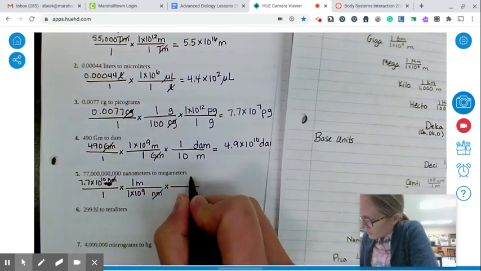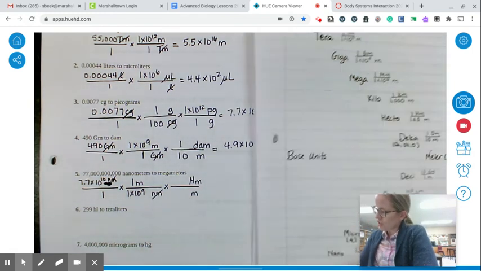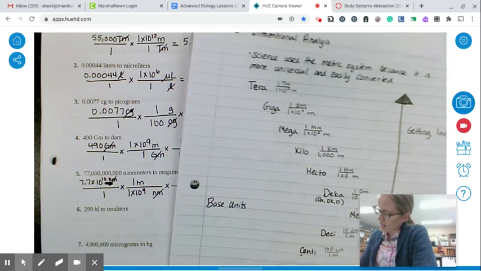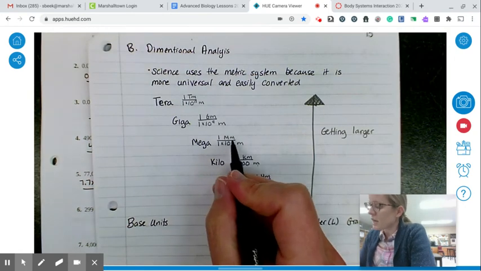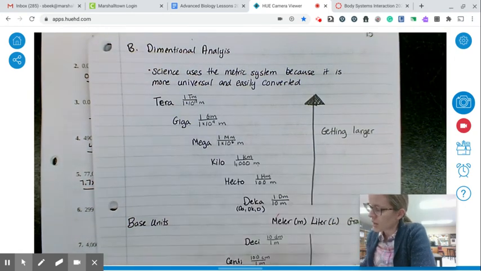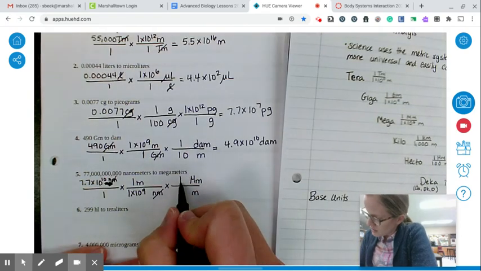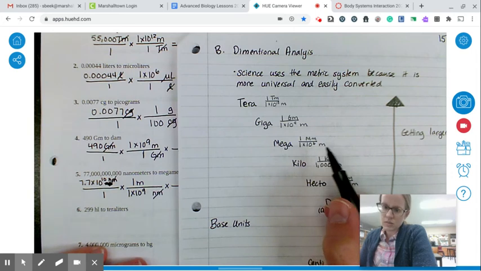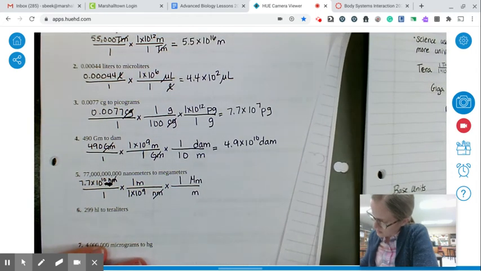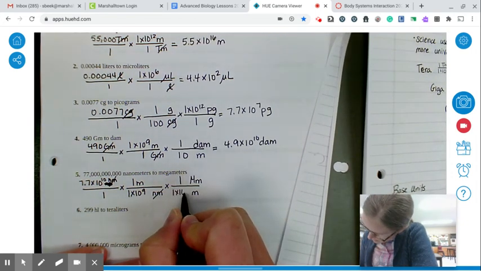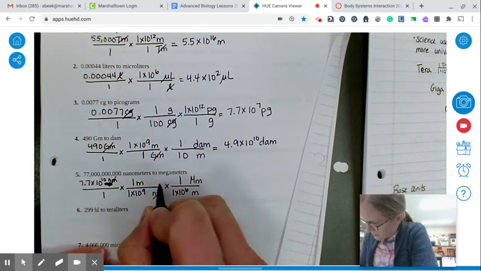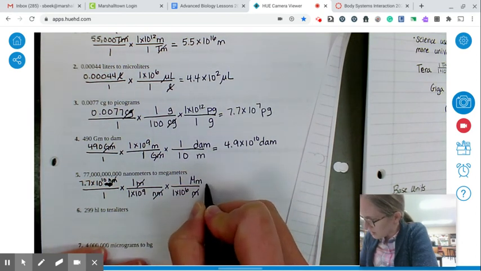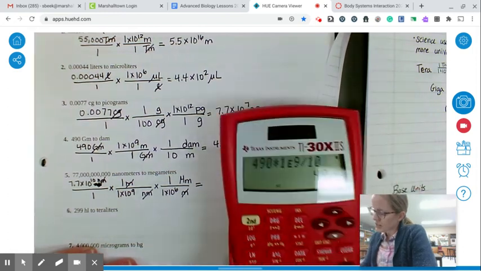And then when I look at my charts, I can find that I can get from megameters to meters. If I have 1 megameter, that is 1 times 10 to the 6 meters. Then my meters will cancel, and I end up with megameters.